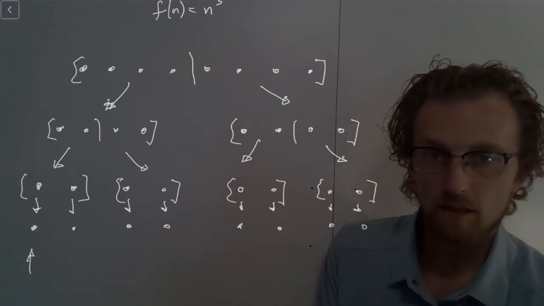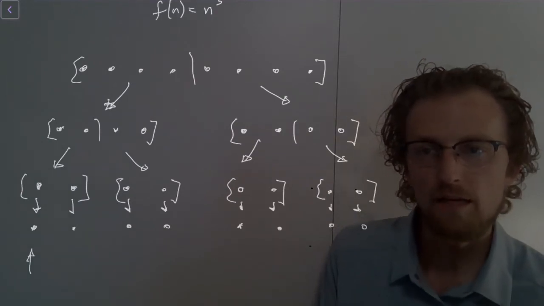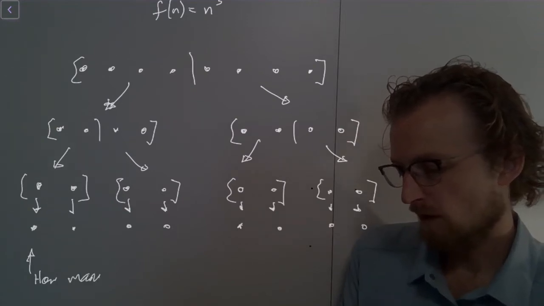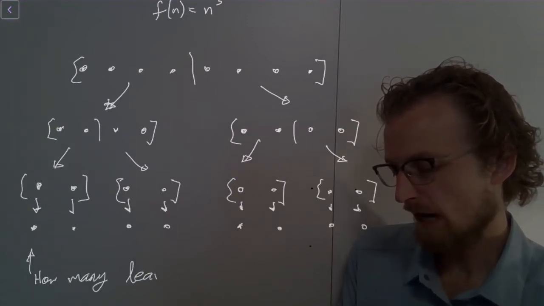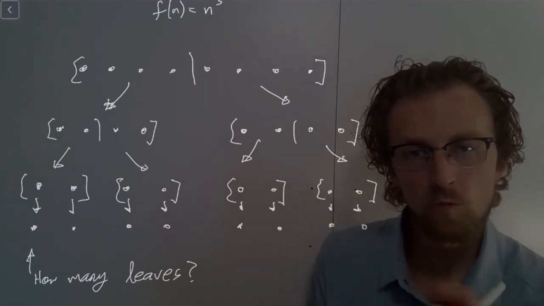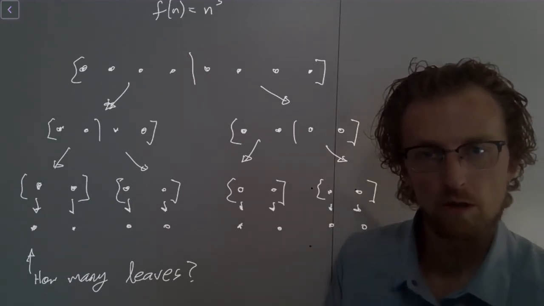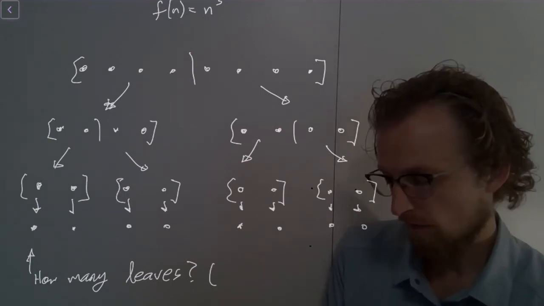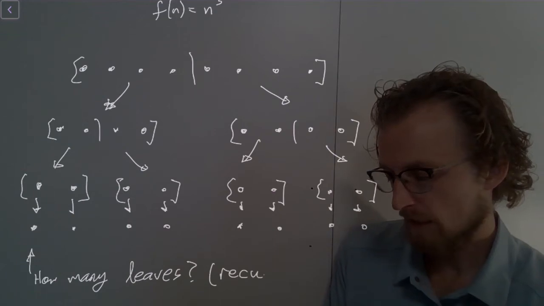And we can always ask, and should always ask, how many leaves are there? So how many leaves does this tree have? Where a leaf corresponds to one execution of the recursion base case. So, rather than leaves, you can think of recursion base cases.